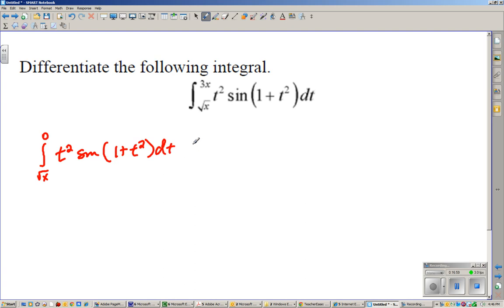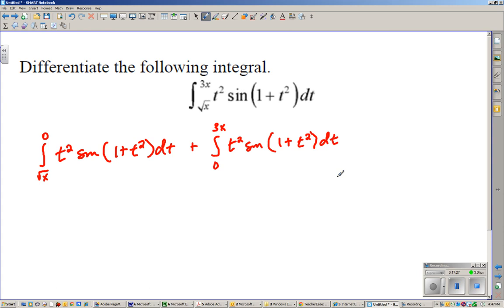and then add to it. And now we want to start at 0 and complete it to 3x. And again, it'll be t squared sine of 1 plus t squared dt. Now, what you might not appreciate right now, you will come to appreciate later.